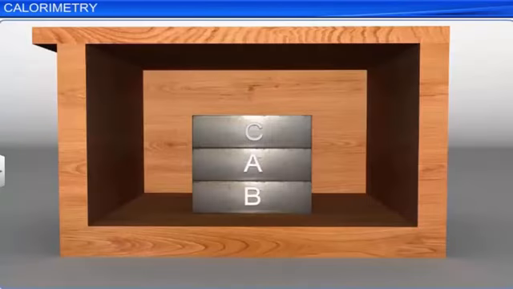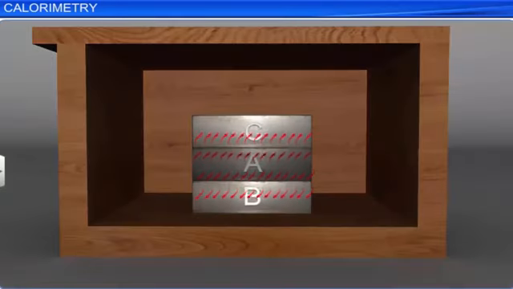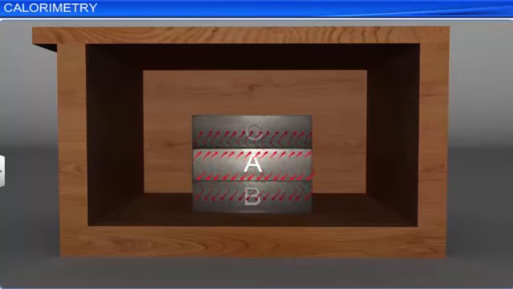Even when more than 2 bodies are placed in a thermally insulated box, some bodies lose heat energy and other bodies gain heat energy. The total heat energy lost by the hot bodies must be completely absorbed by the cold bodies.